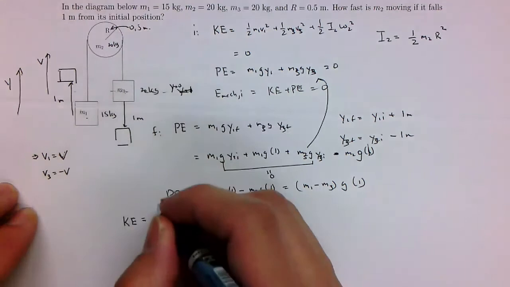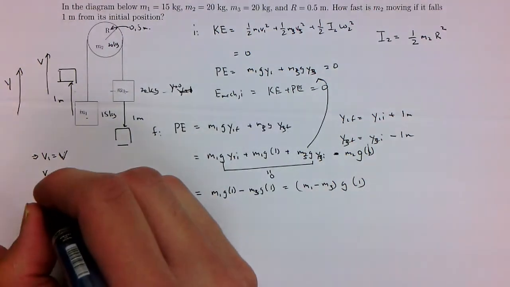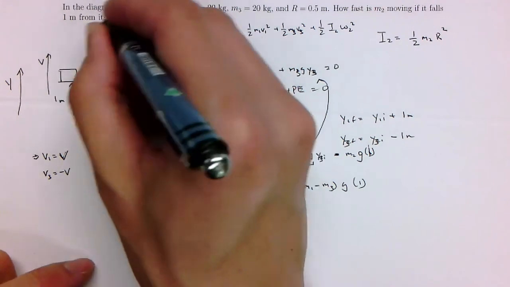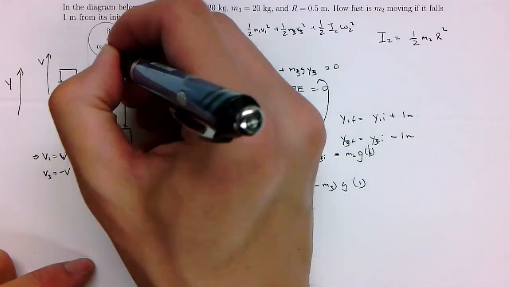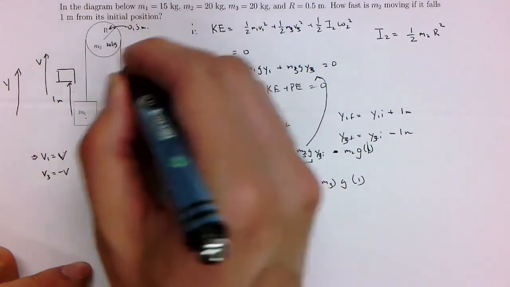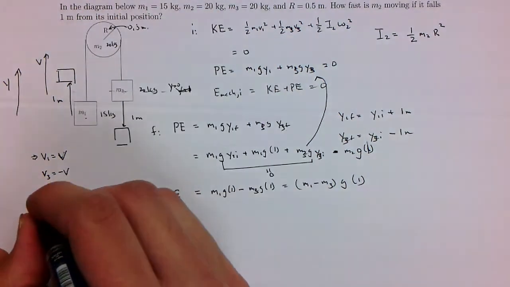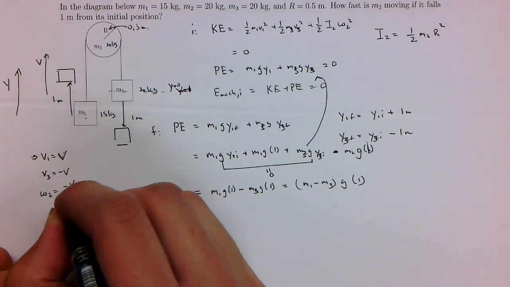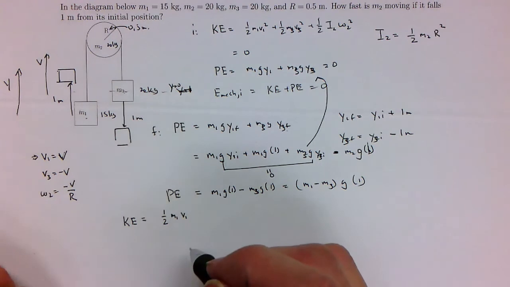And if I want omega to be rotating positive counterclockwise, then as v is moving upward in this direction, it will move it clockwise. So this will be negative again. So omega 2 is equal to minus v over r. Okay, I will use these results in a second.